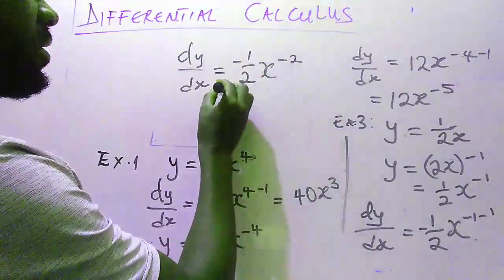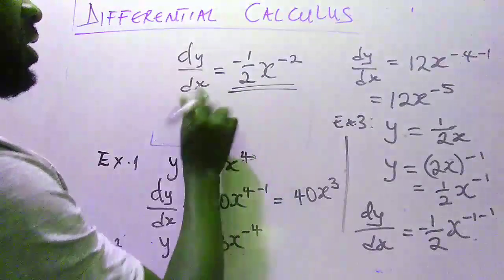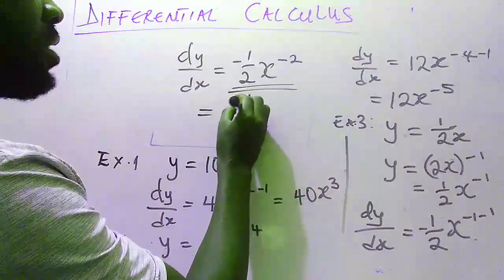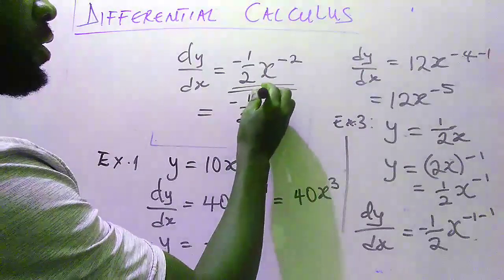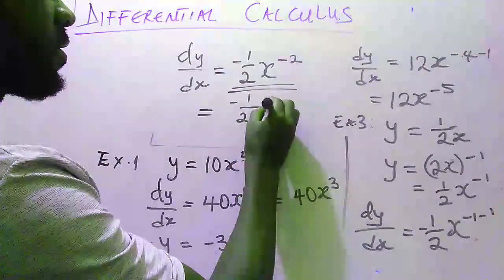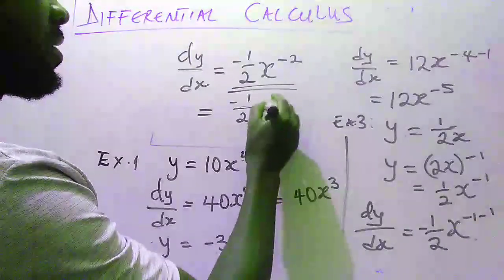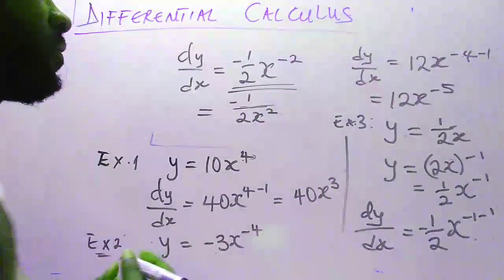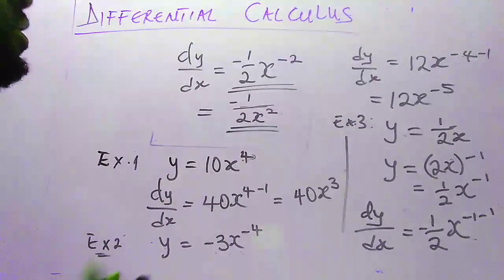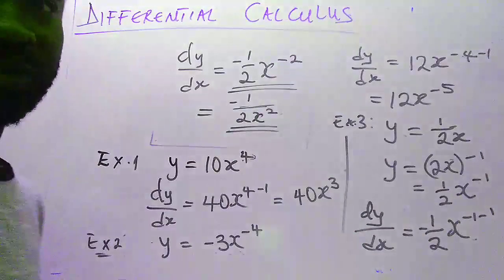This is our final answer, or we can also take it to fraction form. That gives us minus 1 over 2, all over x raised to the power of 2. I'm sorry, x to the power of 2. So this can also be the answer if you want to give it in fraction form.